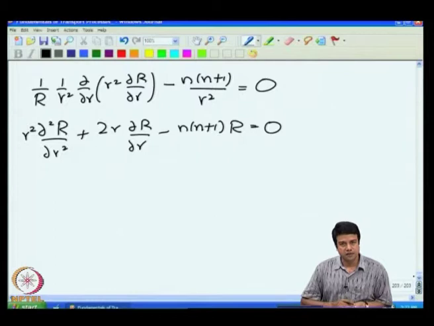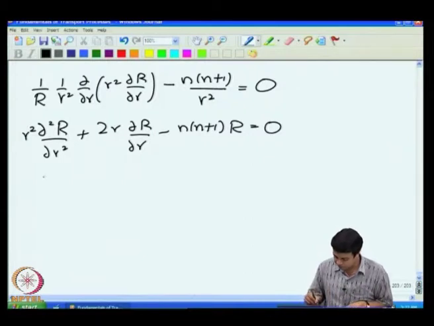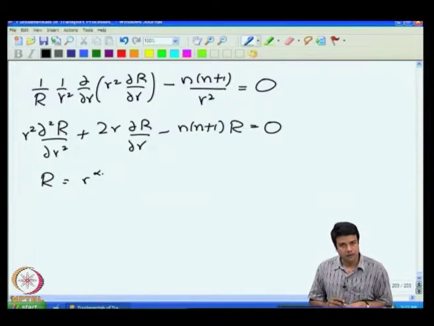This equation, as you can see, is equidimensional in small r. Therefore, the solutions have to be of the form R is equal to r power alpha, where the value of the exponent alpha is determined by inserting into this equation and then solving.